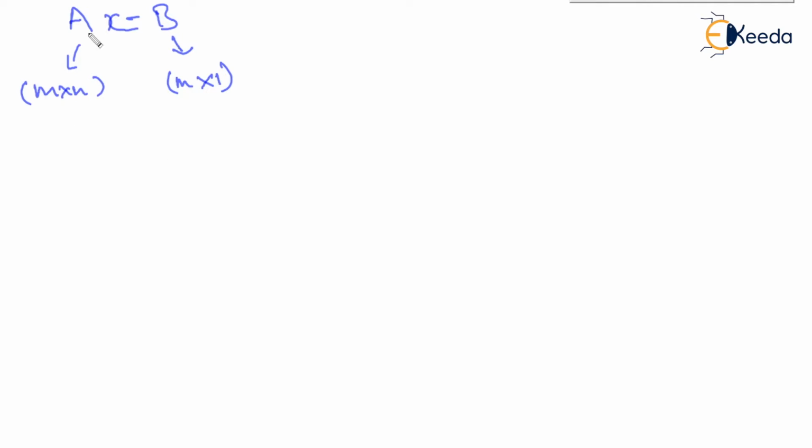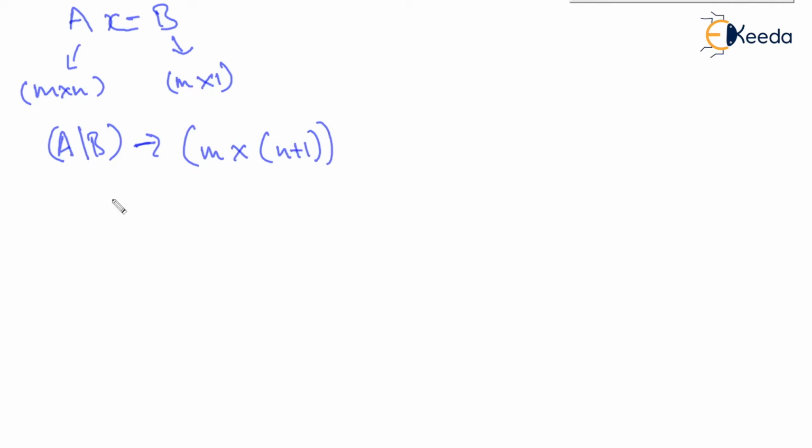So if you are writing A and B together, this is known as A augmented B. This becomes a matrix of size m cross n plus 1, right? There's one extra column for the column of B which comes together with A, right?